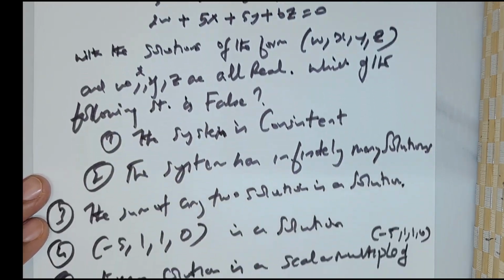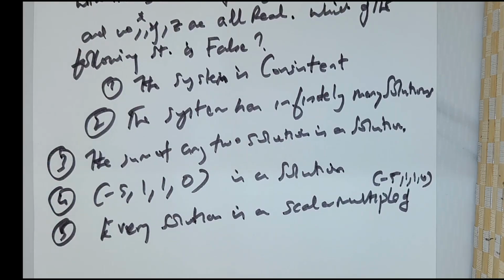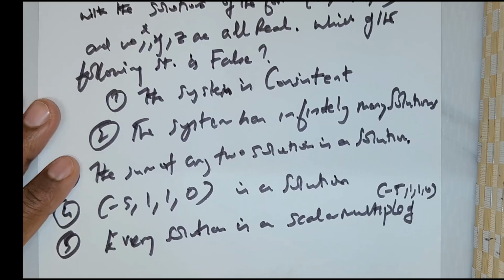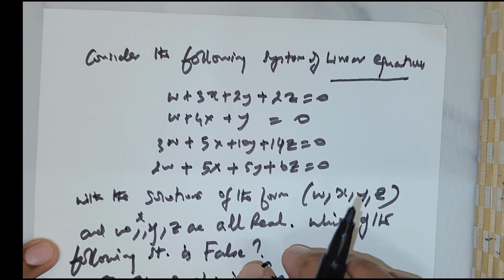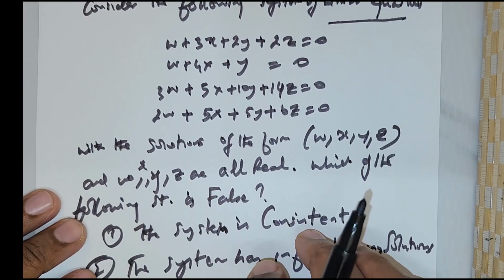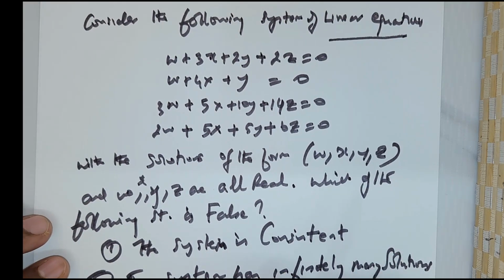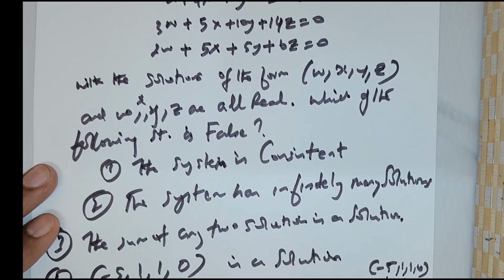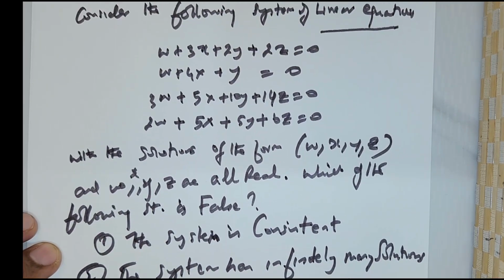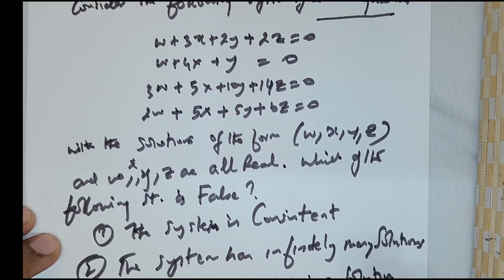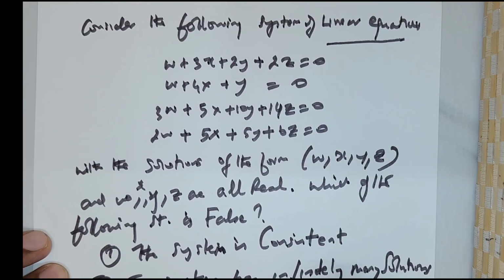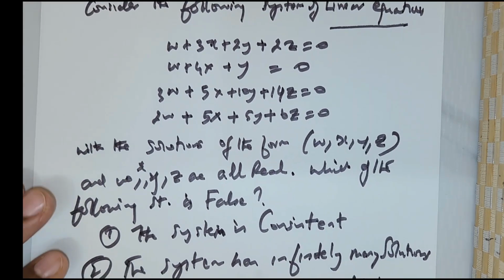Okay, so it's quite a sum, right? This is a very powerful concept, and it is predominantly used in machine learning. So you will get to see problems like this more often in the coming days. Let us try to understand what is given and what is expected from us.